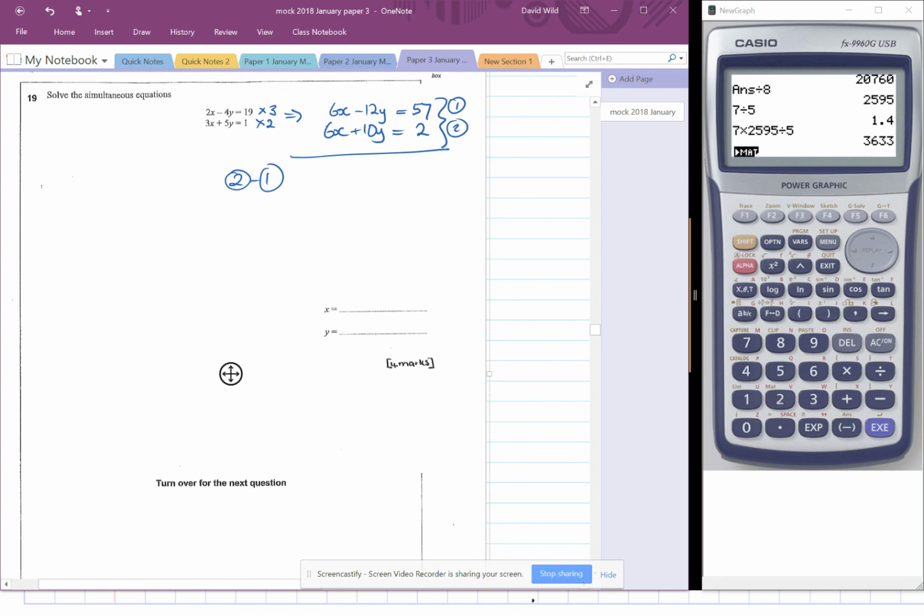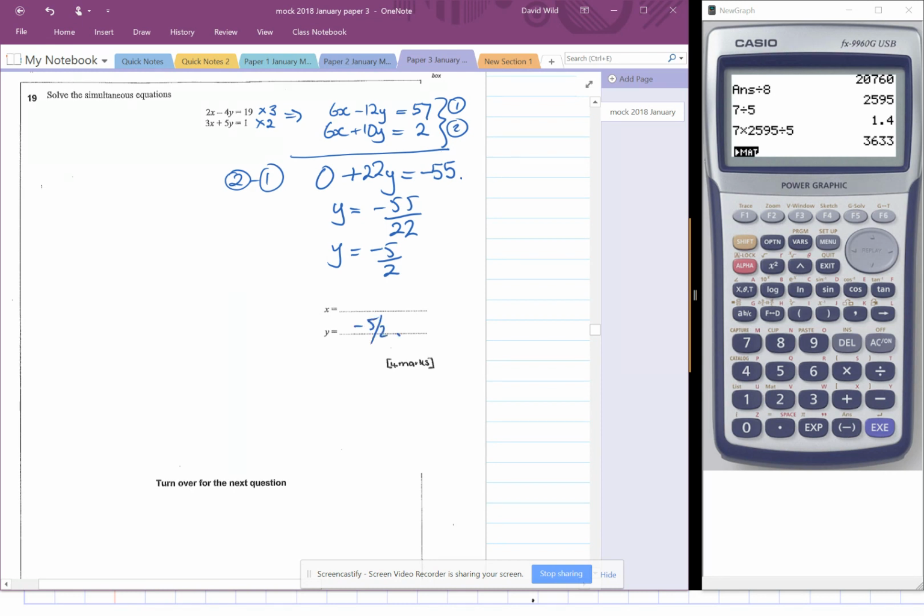So we take away this, 6x take away 6x, there's nothing. 10y minus minus 12 is 10 plus 12, which is 22y. And 2 minus 57 is minus 55. So that means that y is minus 55 over 22. Okay, and then obviously 11 goes into both of those, so y is minus 5 over 2.